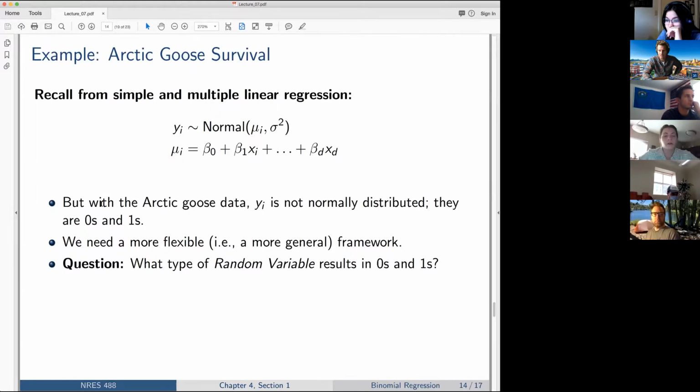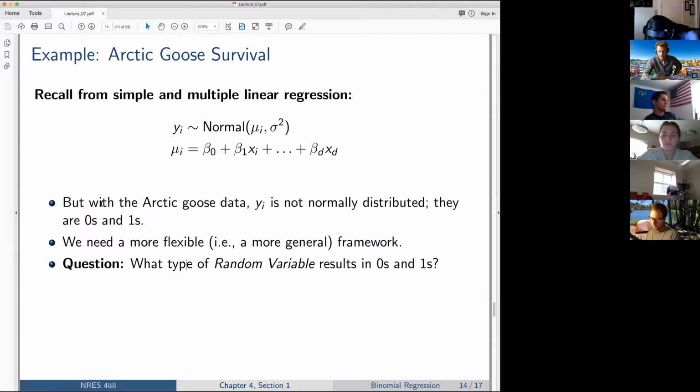A binomial random variable would be, you can do as many flips of the coin as you want, and you're just going to add up how many heads you got. So you do some coin flips, you count how many coin flips you do, and you count how many times you got a 1. That's a binomial random variable. A Bernoulli random variable is you just do one coin flip, and you say whether it's a 0 or 1.